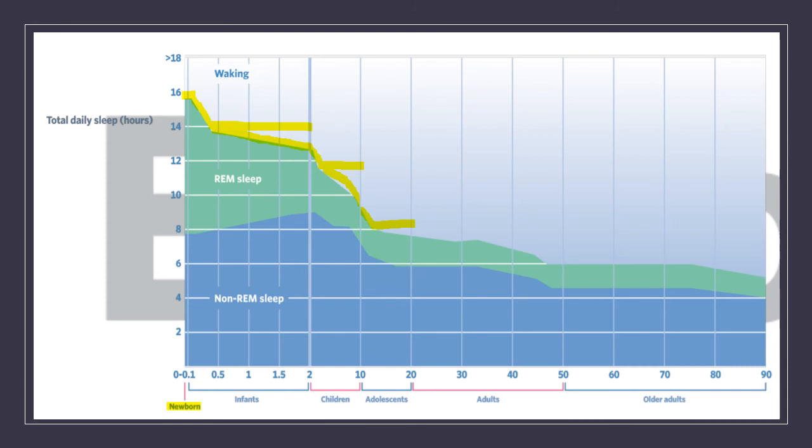So in that time, 7 to 8 hours is normal, if not up to 9, but that's a bit iffy. So 20 to 50, so adults, tends to be fairly straight. It doesn't tend to change very much. We're looking at about 7 to 8 hours per night. With older adults, it's pretty steady, and then they get to about 75, and they need less sleep as they age.